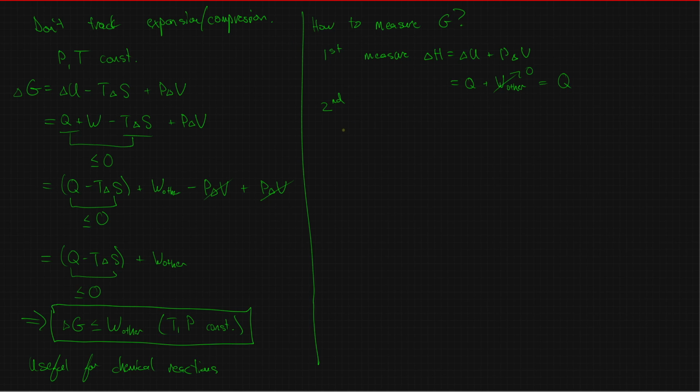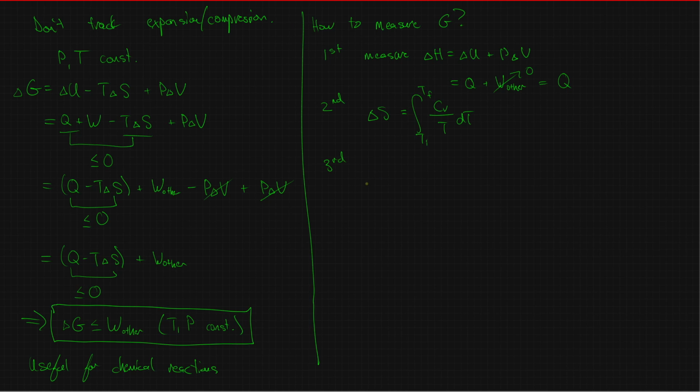Then you could, for example, calculate the initial and final entropy from the initial and final state. So you could calculate delta S by just doing this integral if you happen to know what the specific heat at constant volume is. And so you could get that if you know this.